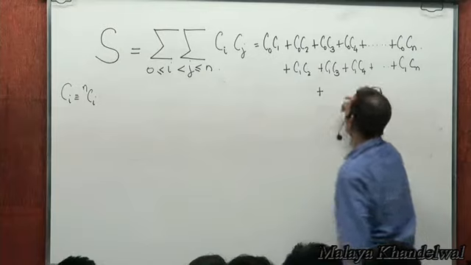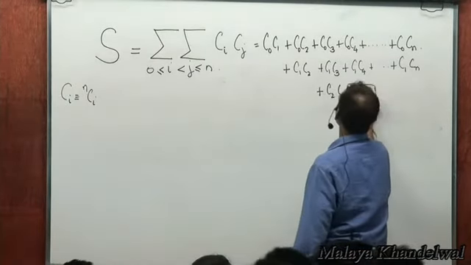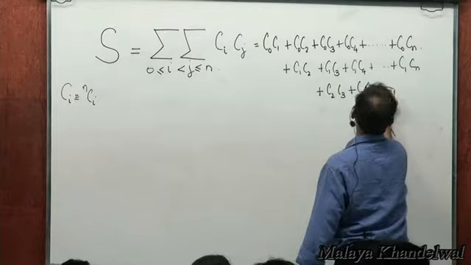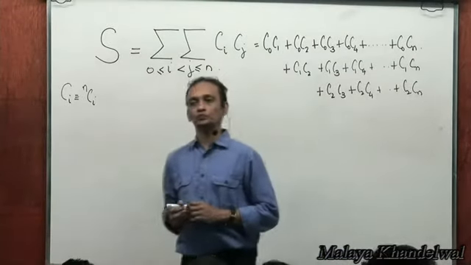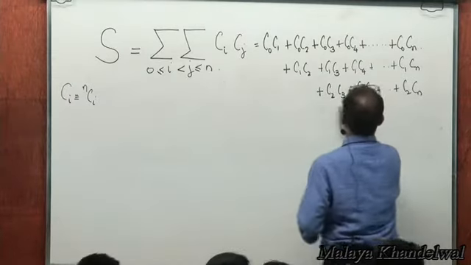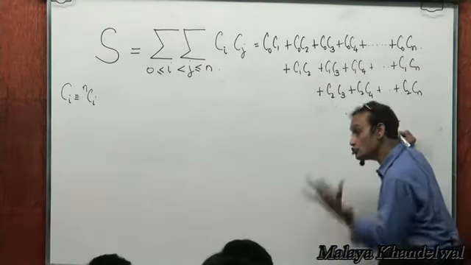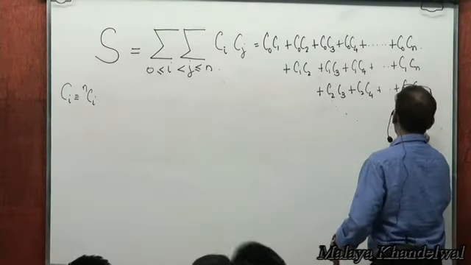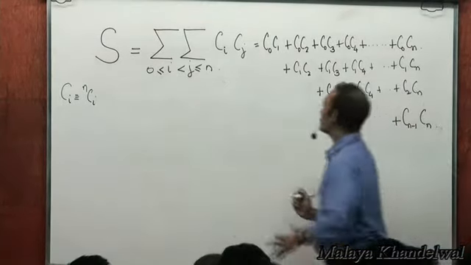When i is 2, j can be 3, or 4, or n. Yes or no? And then going this way up to the last row, which is for i equal to n minus 1. When i is n minus 1, the only value j could assume is n.